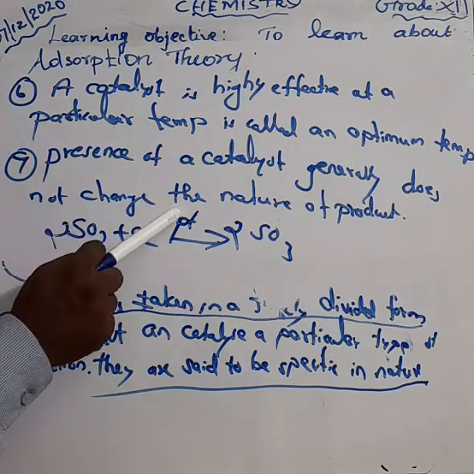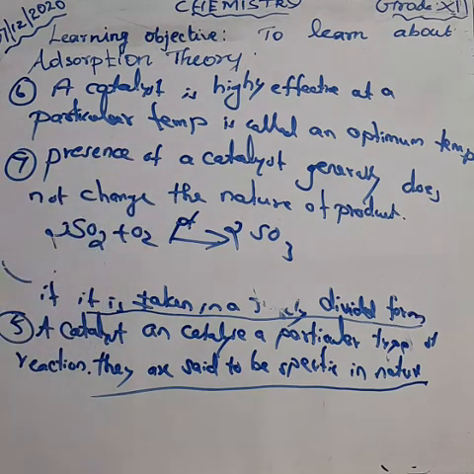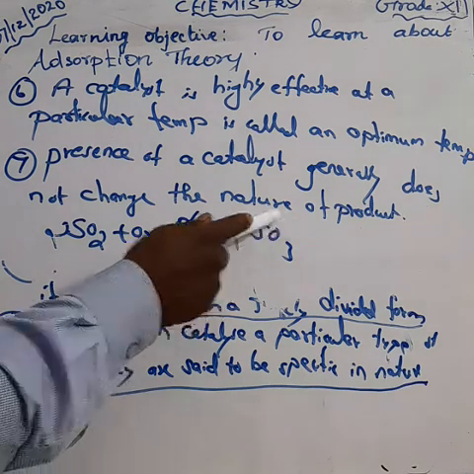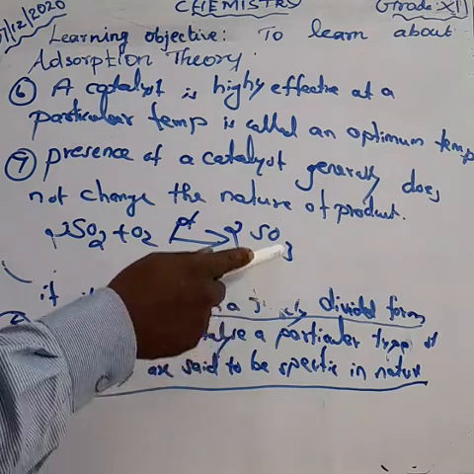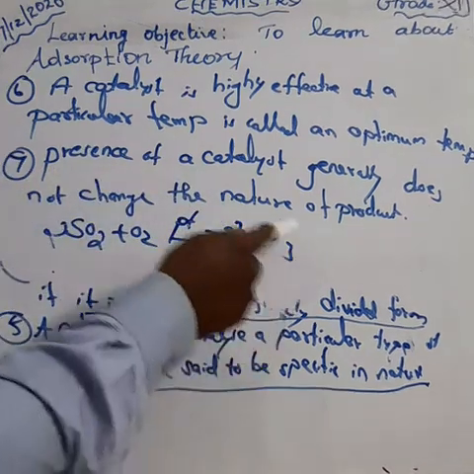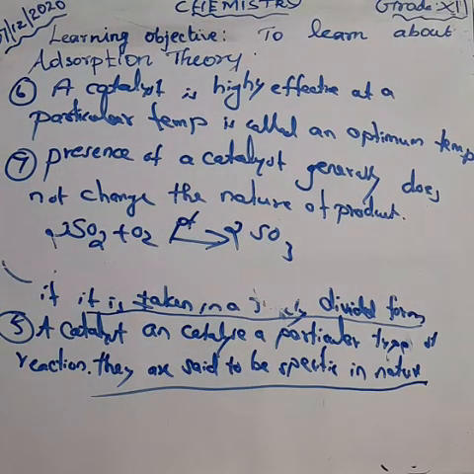When we add platinum, the reaction goes fast. So, there is no change in the mass of the catalyst. There is no change in its chemical composition. So, it cannot initiate the reaction. It can only increase the rate of the reaction. Those are the characteristics of the catalyst.